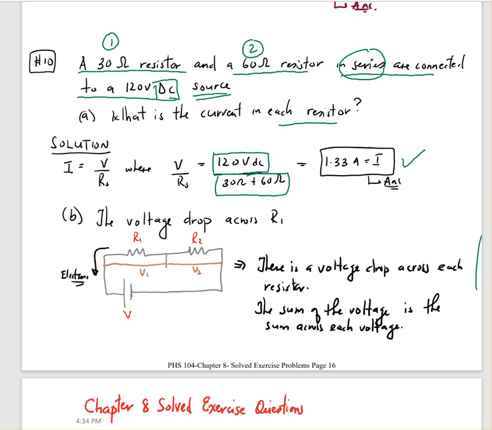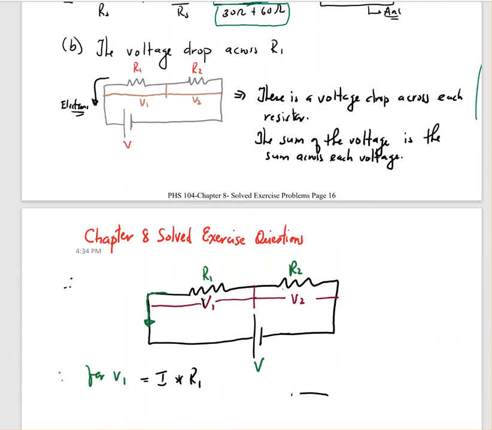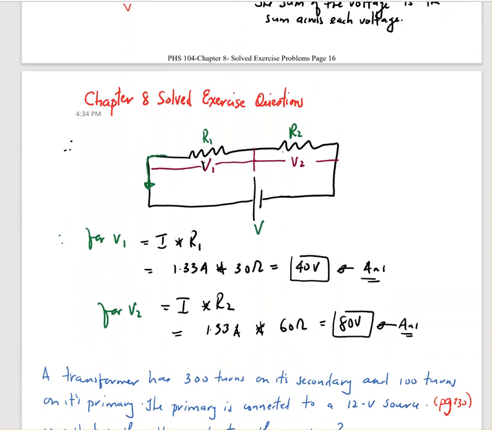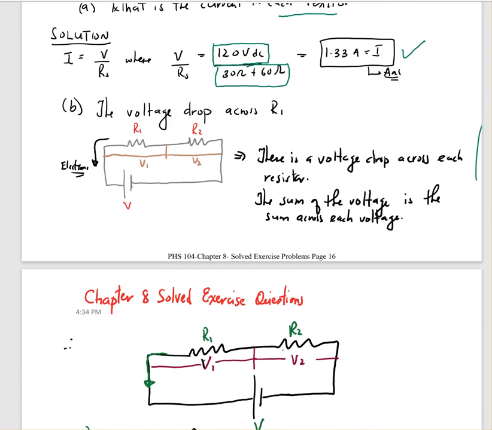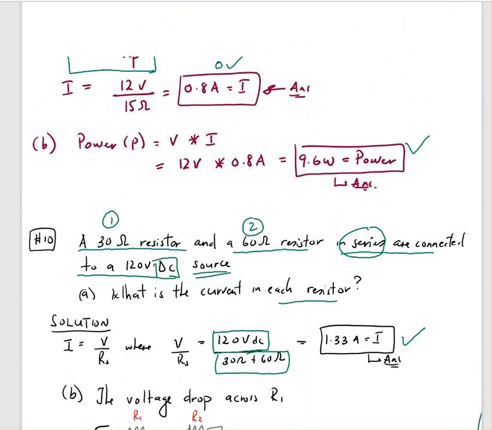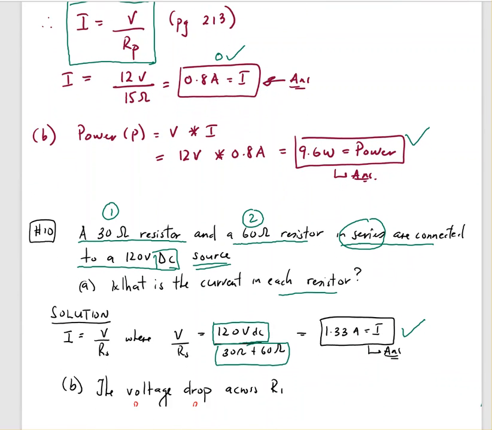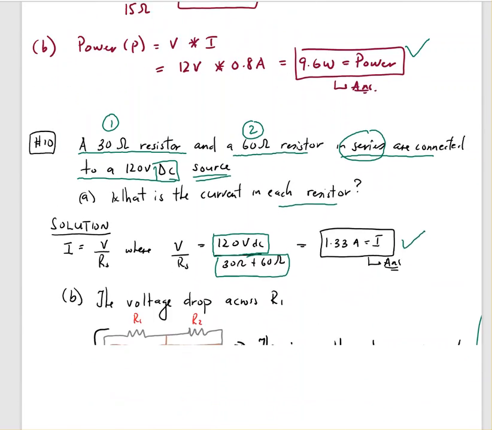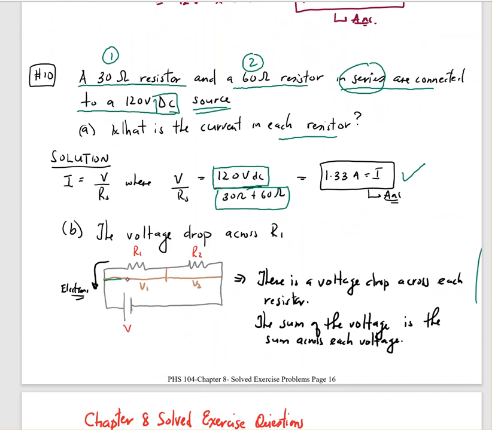Now, in order to consider the actual voltage drop, we said earlier that for circuitry that's in series, the voltage across this resistance is going to be different than the voltage across this resistance.